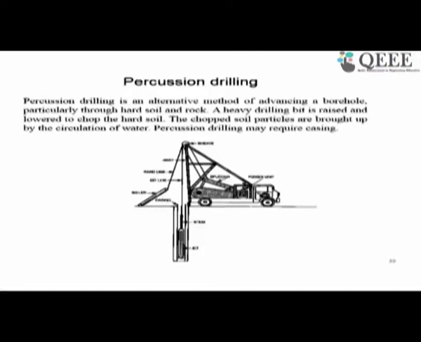The chisel will have up and down movements through a winch, and simultaneously it rotates also and cuts the soil. So a heavy drilling bit is raised and lowered to chop the hard soil. The chopped soil particles are brought up by the circulation of water. So ultimately here as well you need some water to take out the soil material.